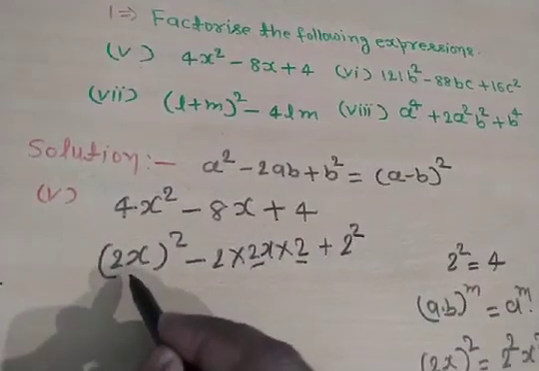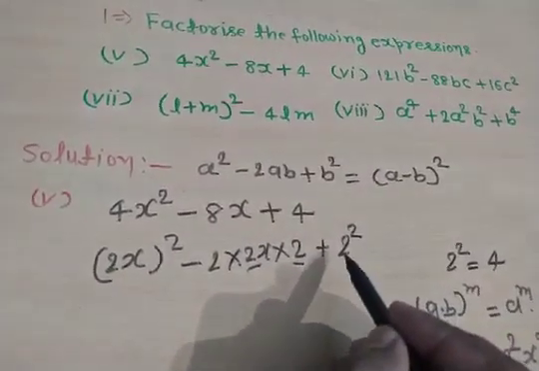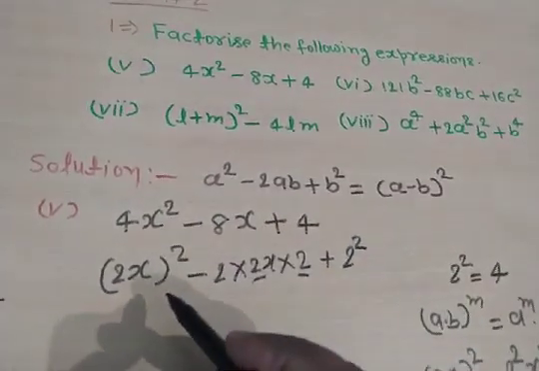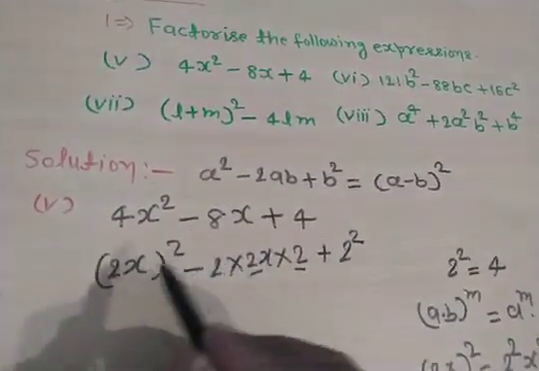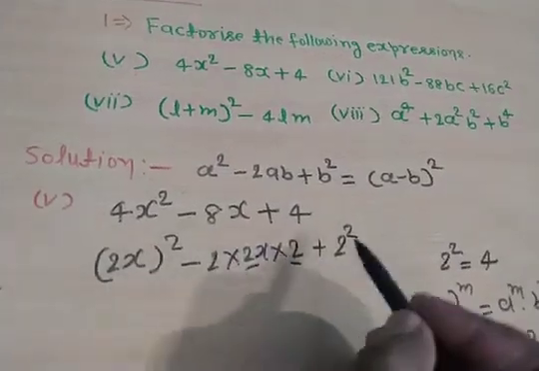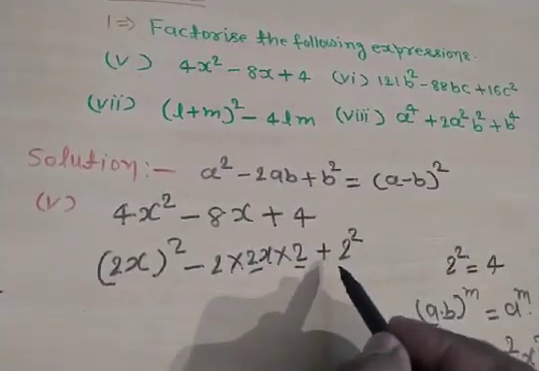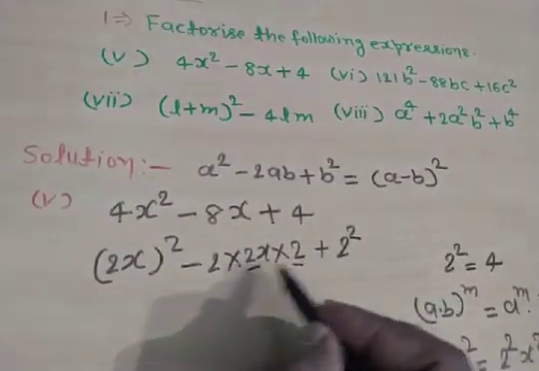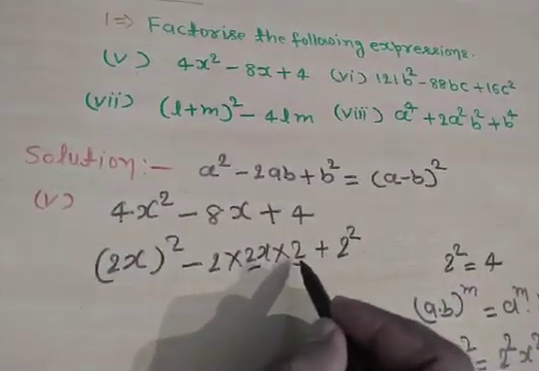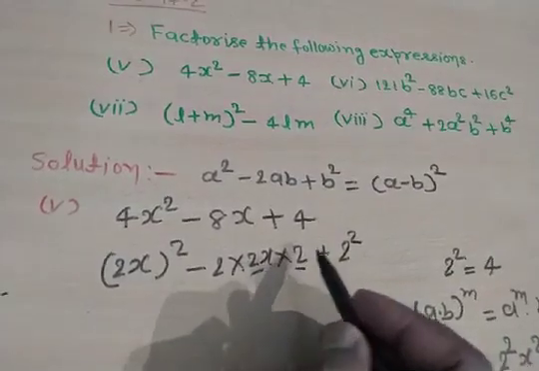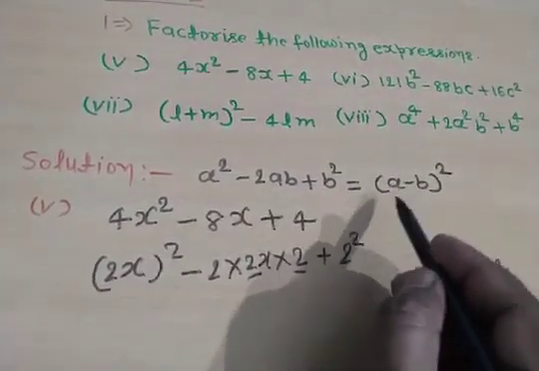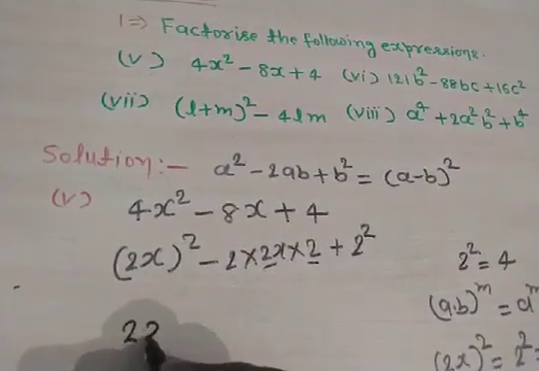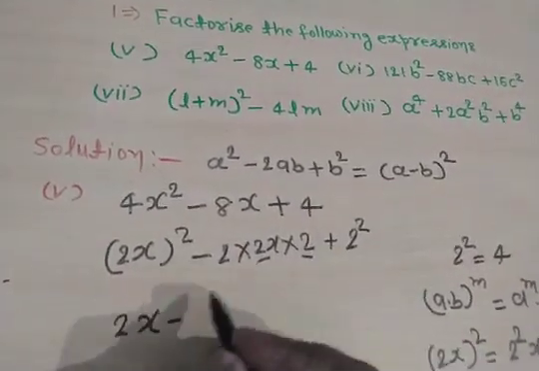Here a is equal to 2x and b is equal to 2. If you compare this identity to this expression, this is a square, this is a, this is b, a is 2x and b is 2, so this is 2ab. So you can write it as whole square of a minus b. Here we compare a is 2x minus b is 2.